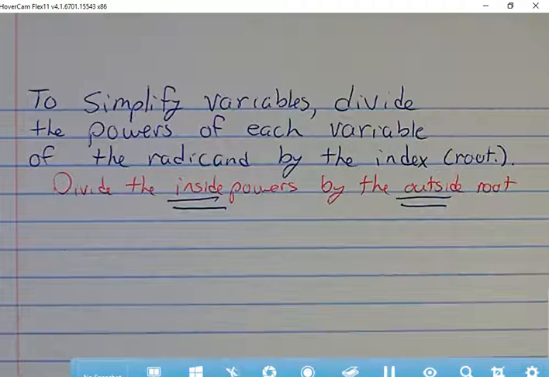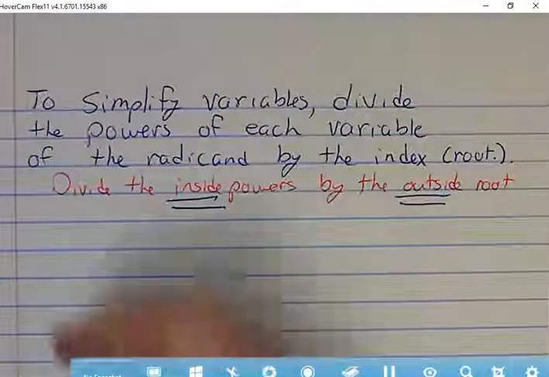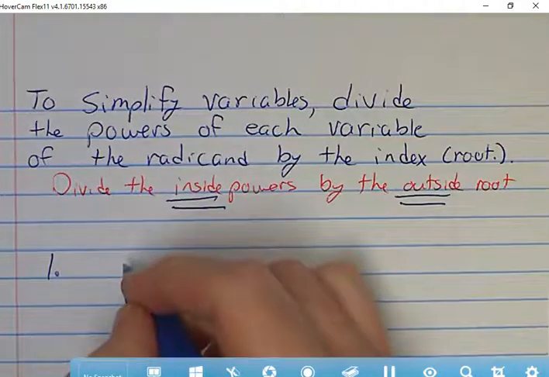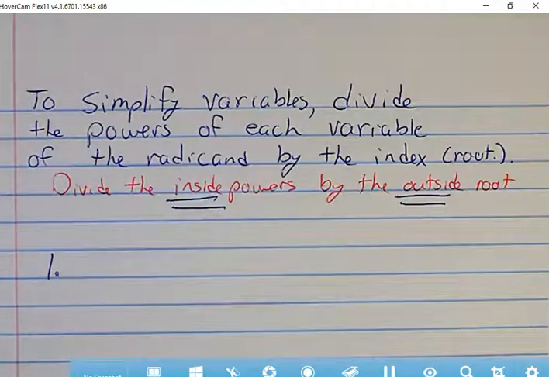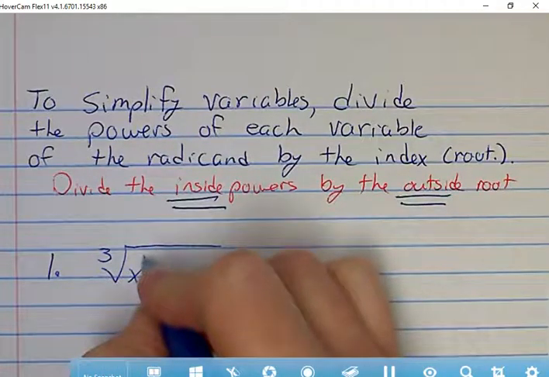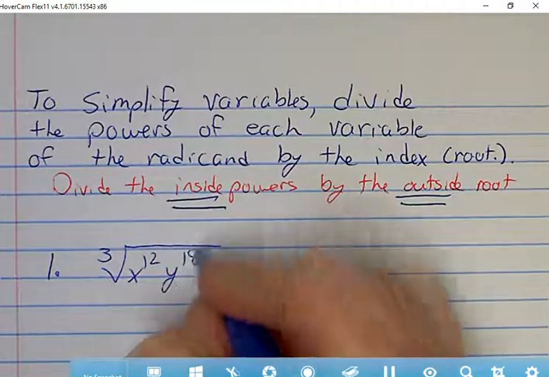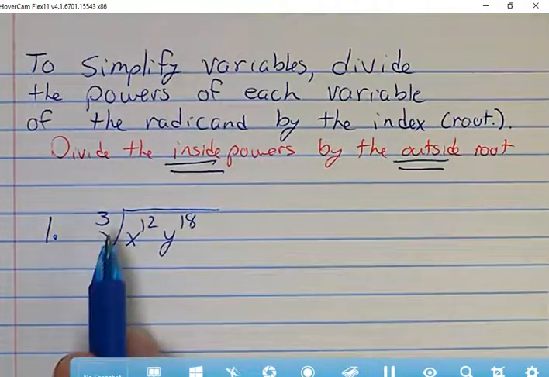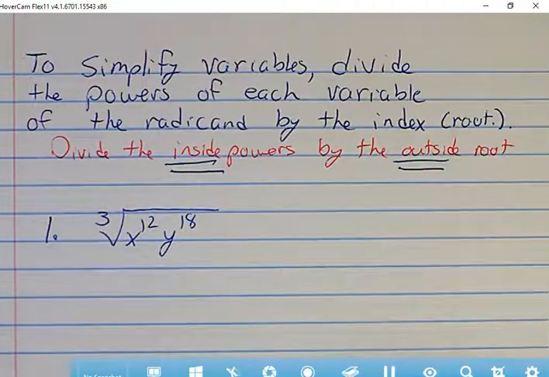So first example we're going to look at is the third root of x to the 12th and y to the 18th. And I'm picking the odd root to start with because if we have an even root, we have to worry about the absolute values, but we'll worry about that on the next problem.